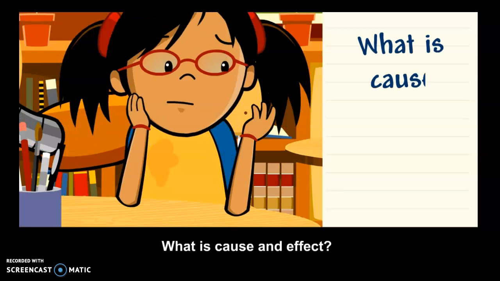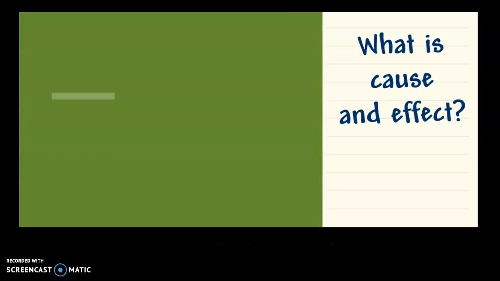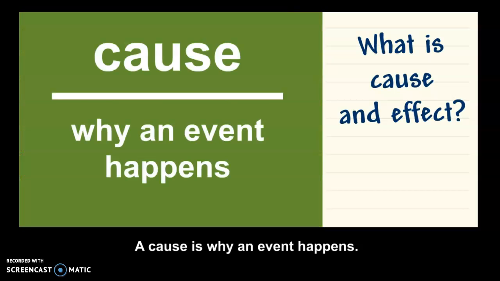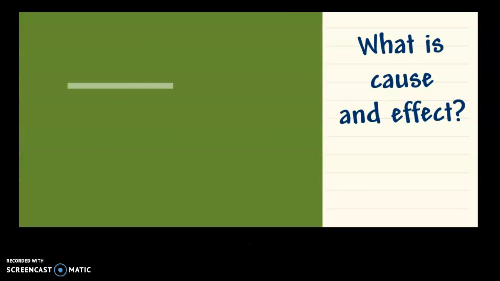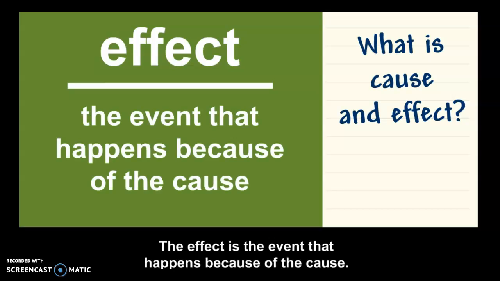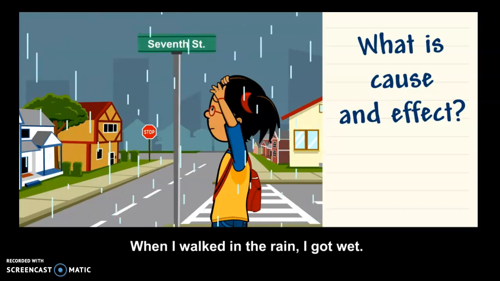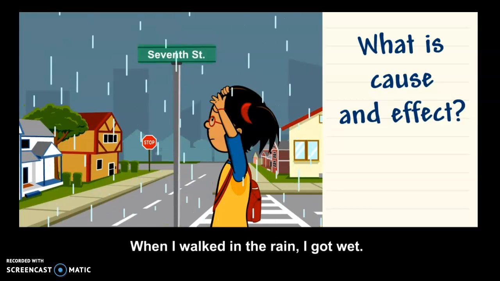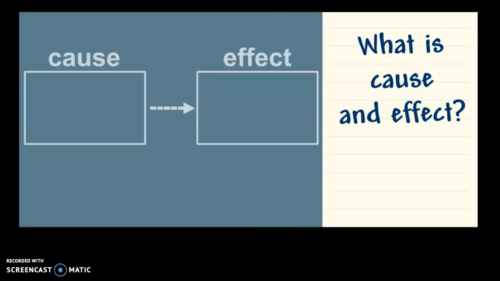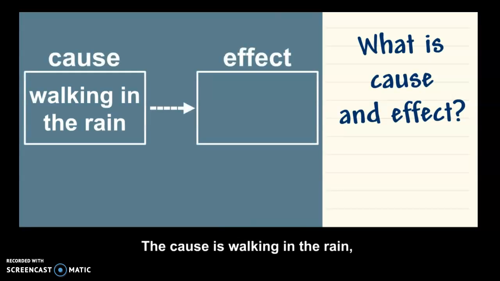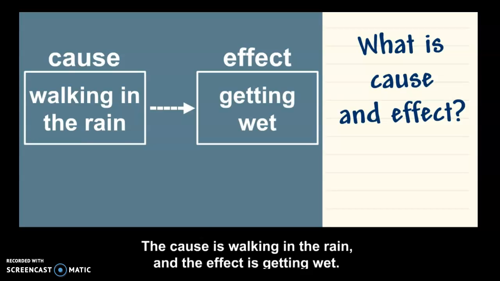What is cause and effect? A cause is why an event happens. The effect is the event that happens because of the cause. When I walked in the rain, I got wet. The cause is walking in the rain, and the effect is getting wet.